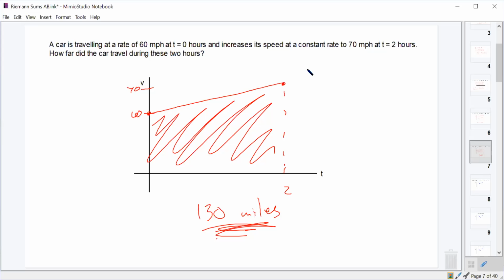So what's the average of the bases? That's 60 plus 70 over 2, and multiply it by the height. And what do you get? You get 130, exactly what we thought it should be. Okay, so that's good news.